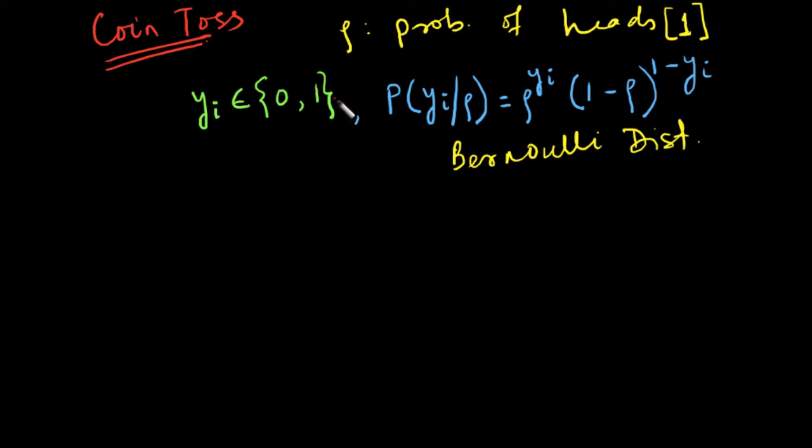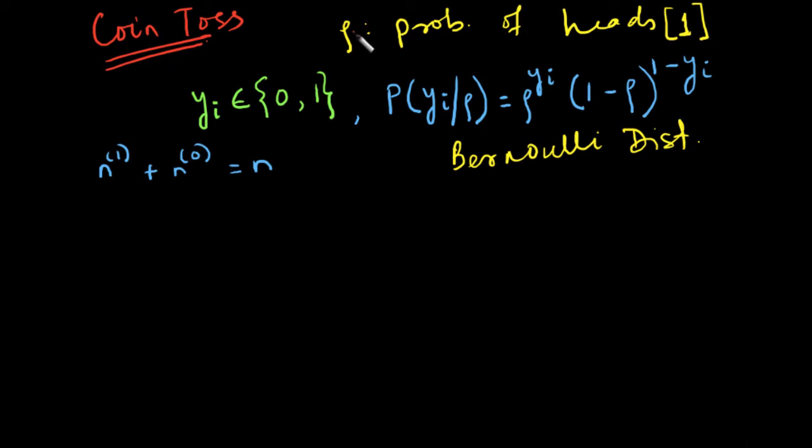Now our objective is to estimate the value for rho using maximum likelihood estimation. So what that means is that, let's say we did a coin toss n times and what we got was n1 number of heads and n0 number of tails, so that their sum is equal to n. And now using this training data that we have, our objective is to estimate rho using the process of maximum likelihood estimation.